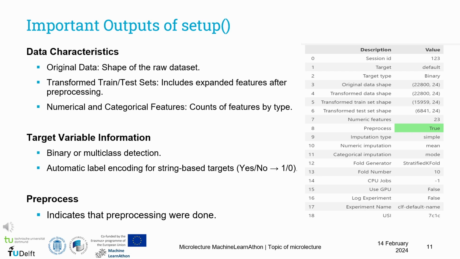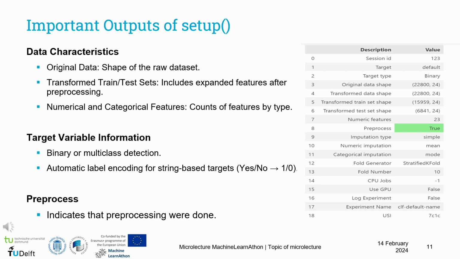However, users can customize this behavior. PyCaret supports several other imputation methods such as median and zero for numeric data, or a constant value for both numeric and categorical features. These options can be specified in the setup function through the parameters numeric imputation and categorical imputation, offering flexibility to align with specific data characteristics or modeling goals.